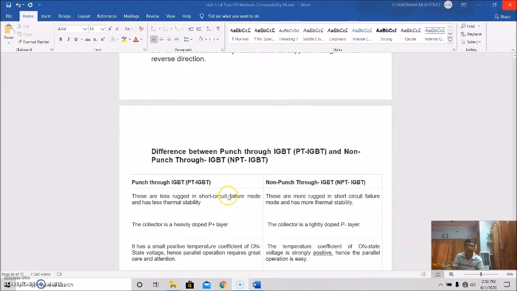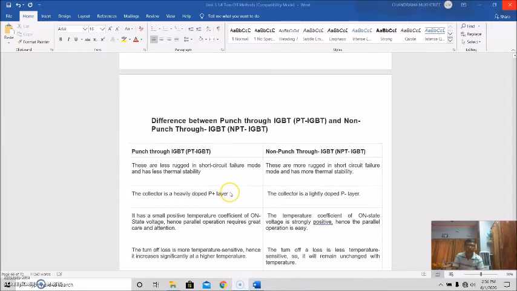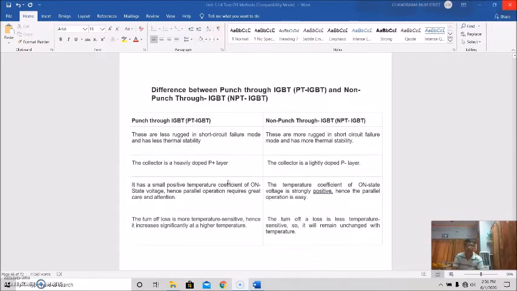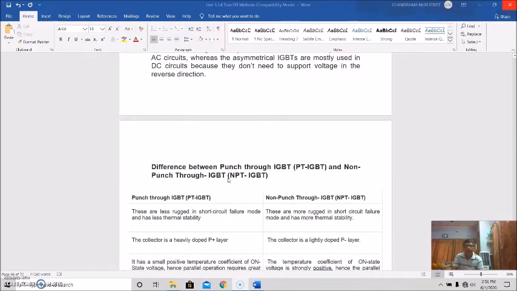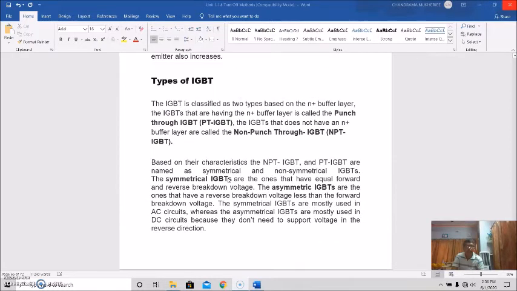Now, what is the difference between punch through IGBT and non-punch through IGBT? Before that, we must say that non-punch through IGBTs are called symmetrical, and punch through IGBTs are called asymmetrical IGBTs.